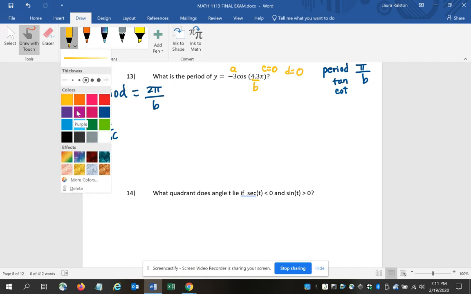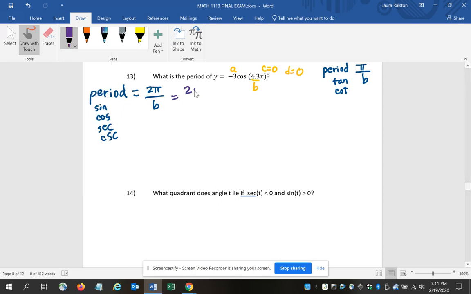So my b here is 4.3. So I need to do 2 pi divided by 4.3. I'm going to use my calculator to do that. I'm not going to worry about the pi initially. So I have 2 divided by 4.3, which gives me 0.465 pi.